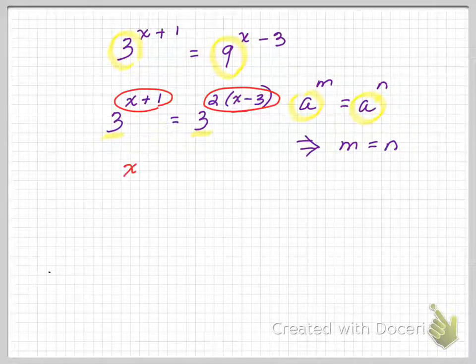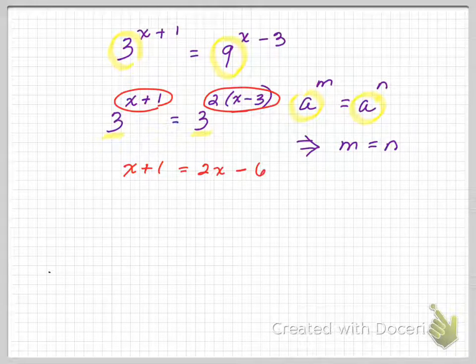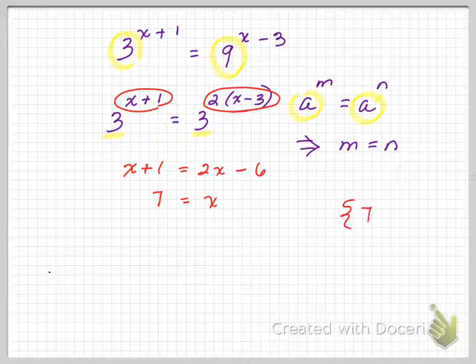So we have x plus 1 equals 2x minus 6, and then you can just solve. So you'll have x equals 7. Okay, we're solving an equation, so we want to put that in solution set notation. You can go back and plug in, make sure your answer works out, just like with regular equations.